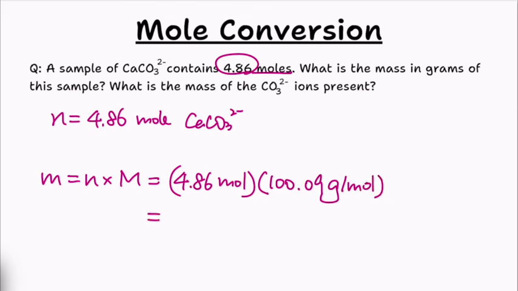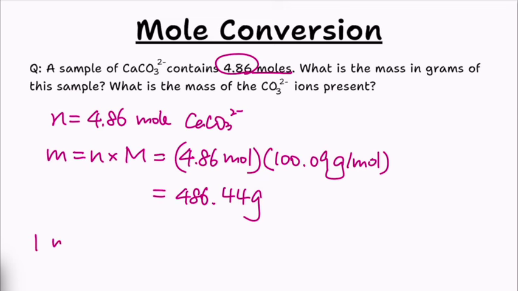This is equal to 486.44 grams. Okay, and what is the mass of the carbonate ions present? For 1 mole of the calcium carbonate, you have 1 mole of the carbonate ions, right?